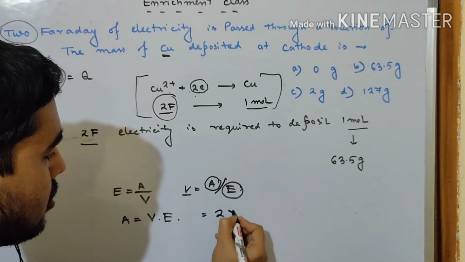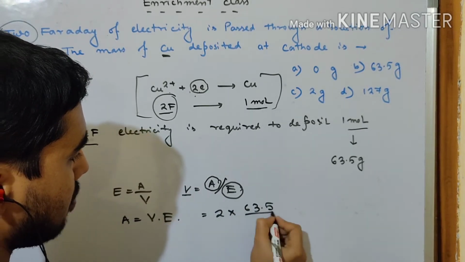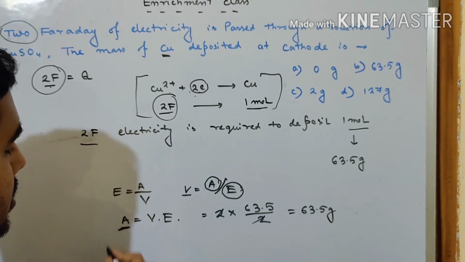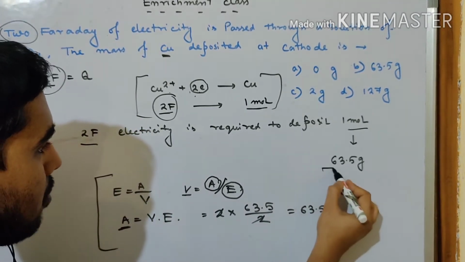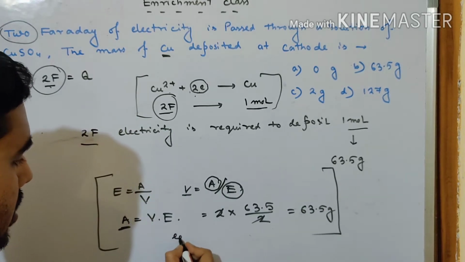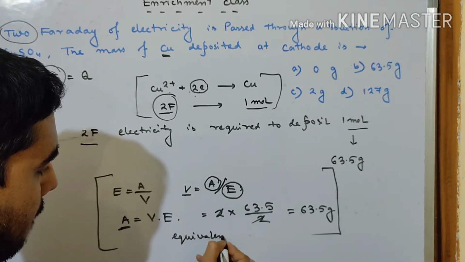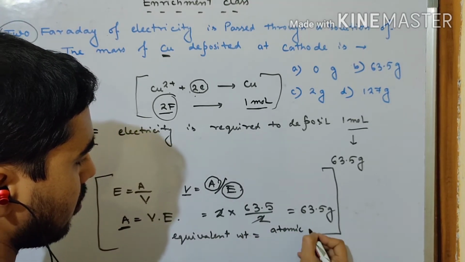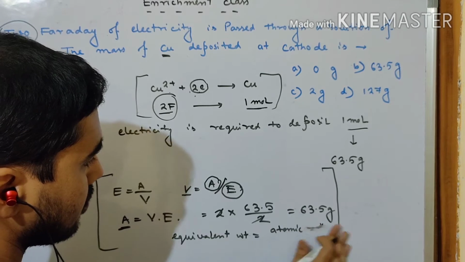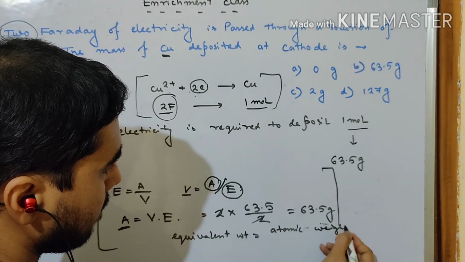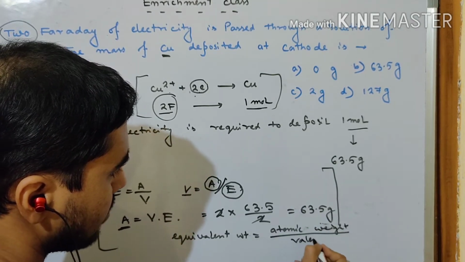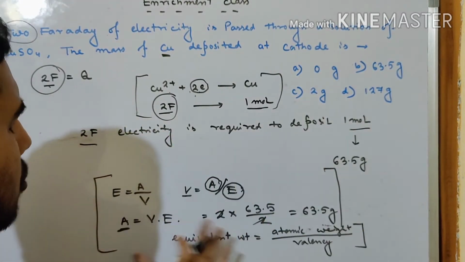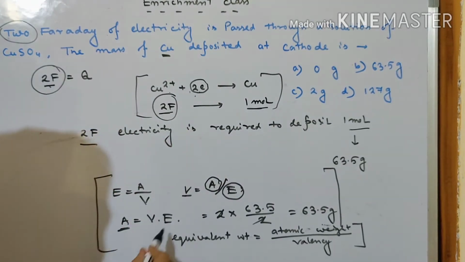And here the valency is 2 and the equivalent weight is 63.5 by 2. So from here also you can calculate 63.5 gram, which is the atomic weight. This is just additional information only. Remember always, the equivalent weight is equal to atomic weight by valency.